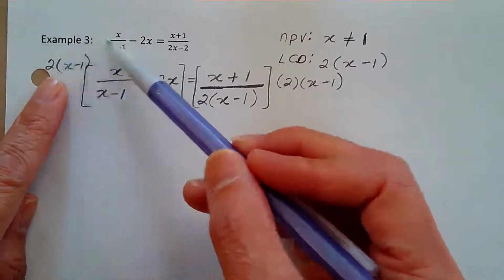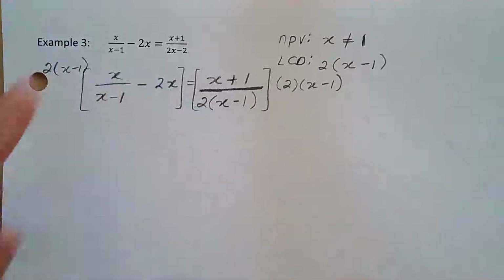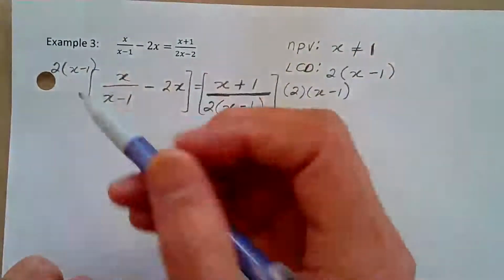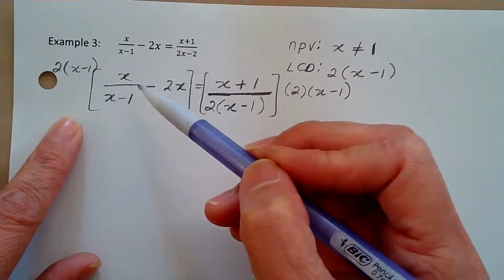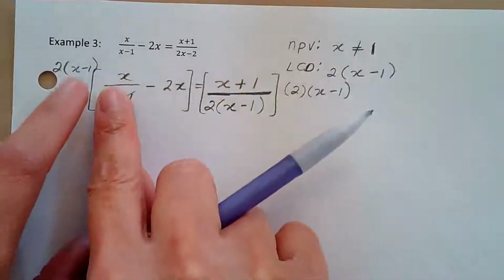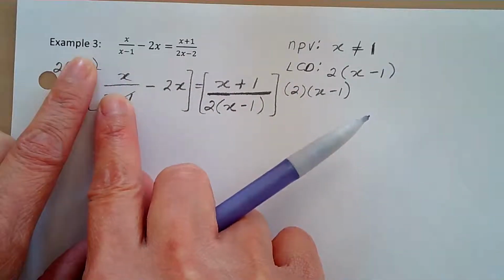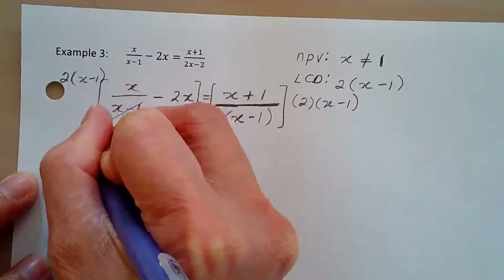So I'm going to multiply each term by 2 times x minus 1. So let's start with this one. If I multiply this with this part, what happens? X minus 1 cancels with that x minus 1. What's left over? 2x. Okay, so just 2x.